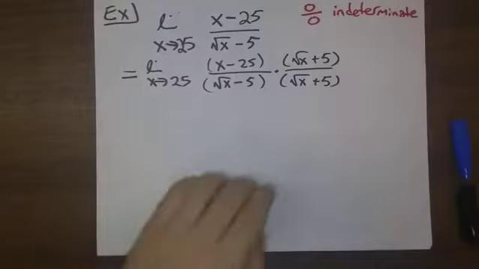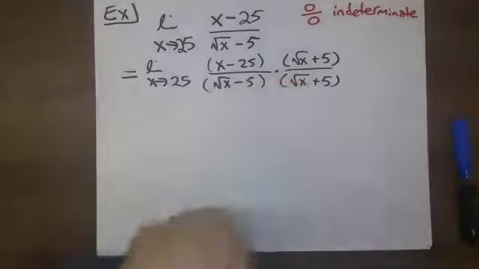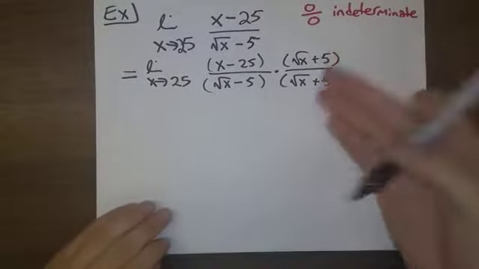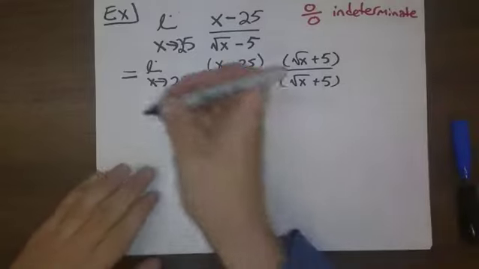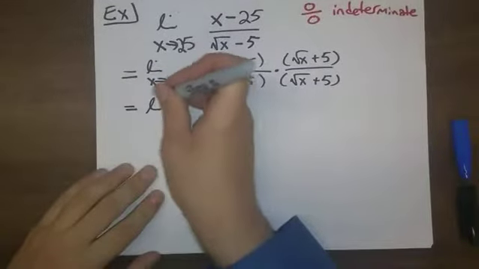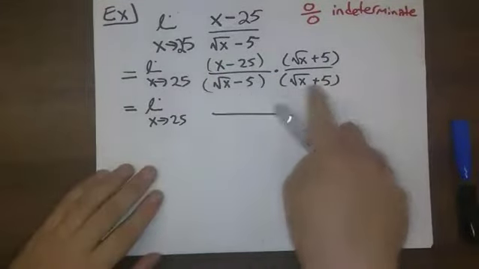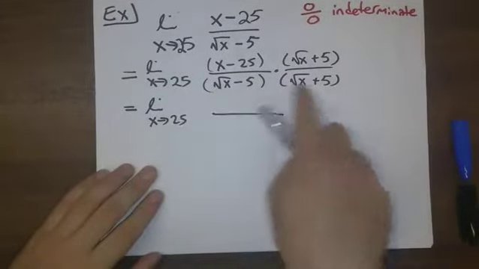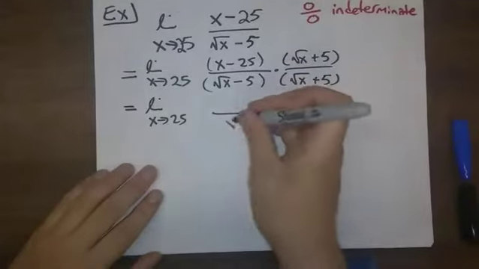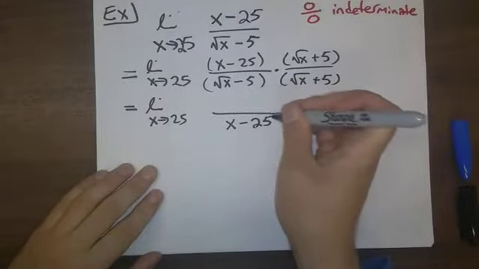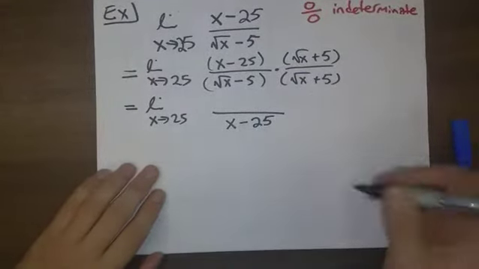We're multiplying by a form of 1 here, so we're not changing what the limit is. And this has the advantage that the denominator, square root x minus 5 times square root x plus 5, ends up being x minus 25. You can check that for yourself.